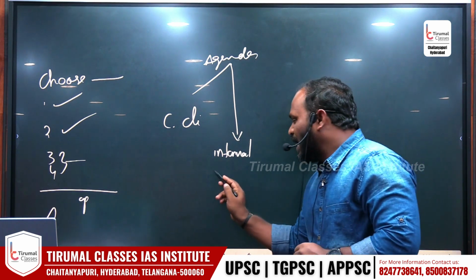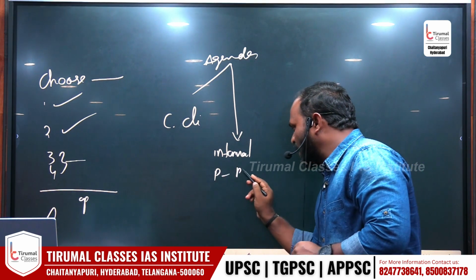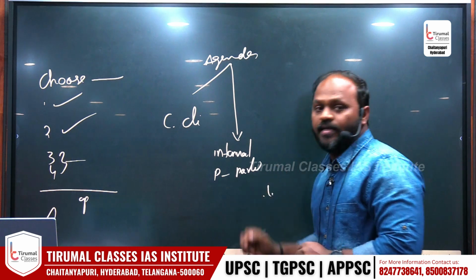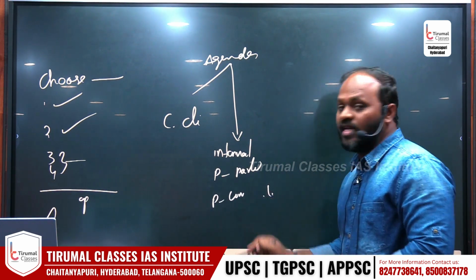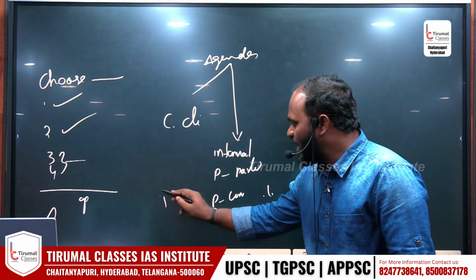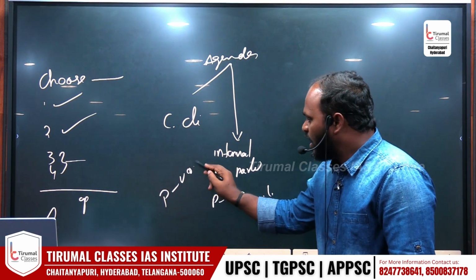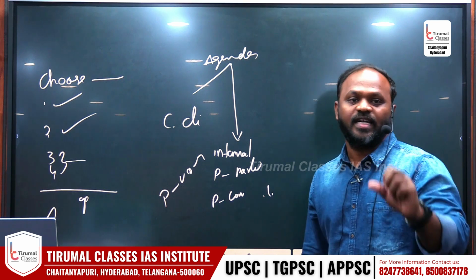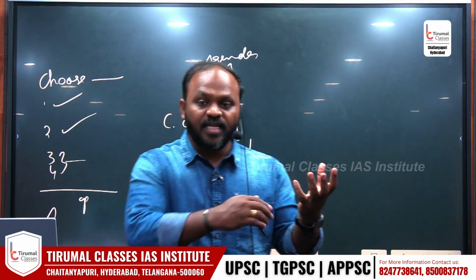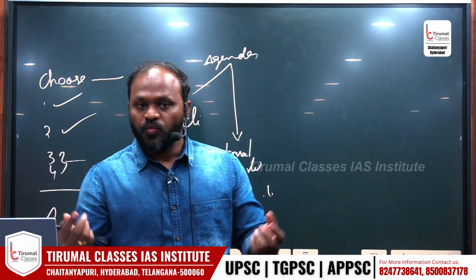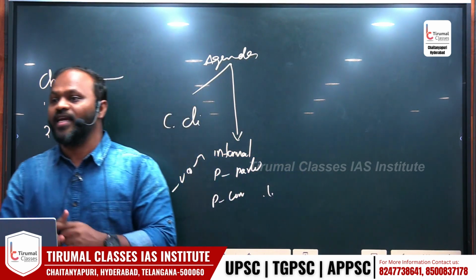For example, how the President and Parliament are internally connected. How the President and the Council of Ministers are internally connected. How the Preamble and the Union and its Territory chapter are internally connected. Likewise, every chapter is internally connected to other chapters, and we should find the connectivity.